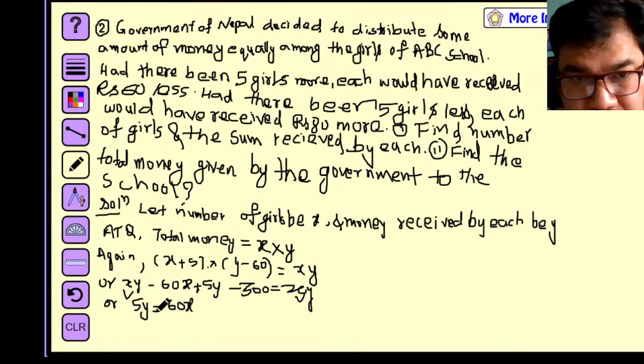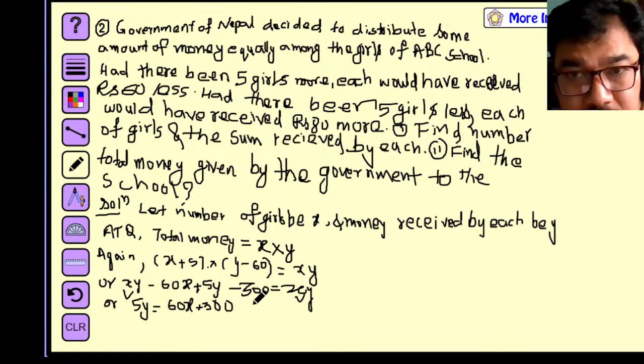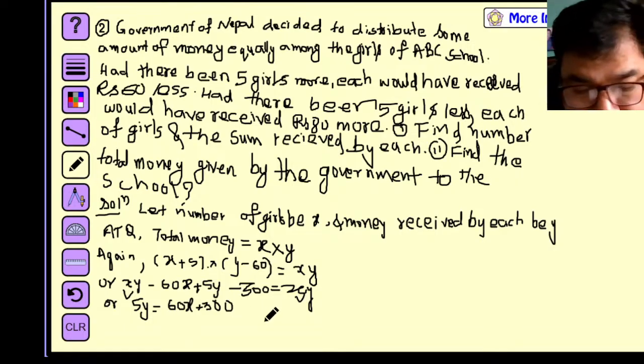We can write 5y equals 60x, and when 300 goes there, it will also be plus 300. Right, plus 300. You can make it like this. This is the first equation that is made here.